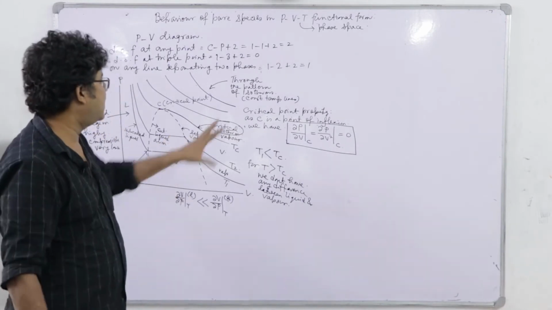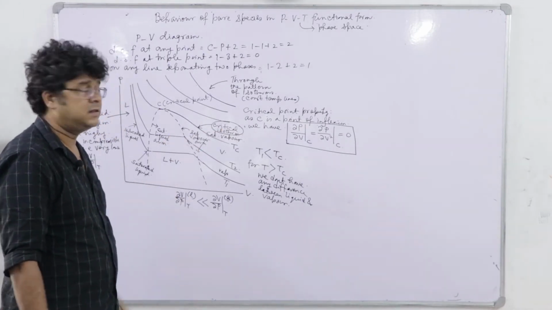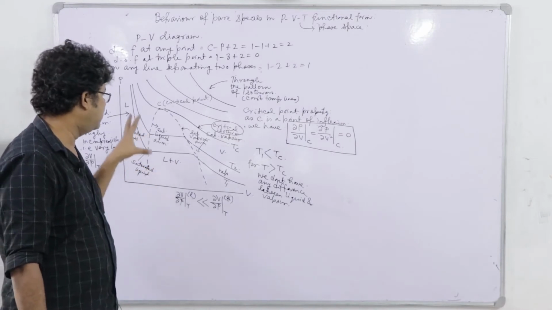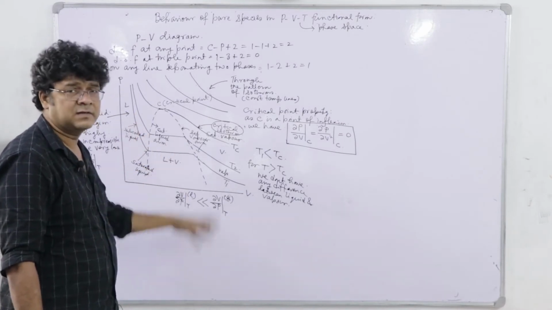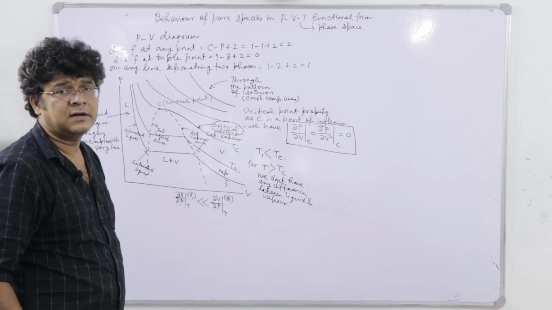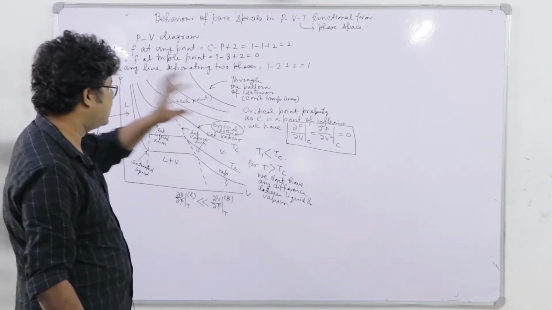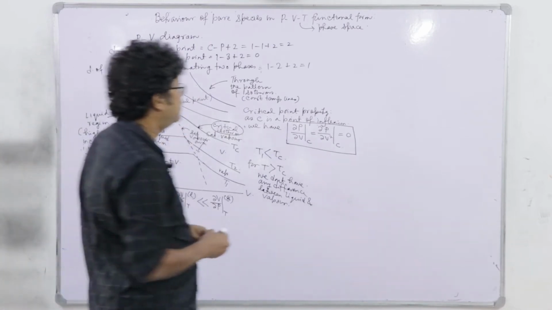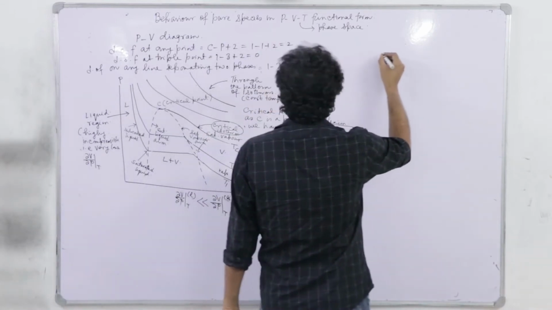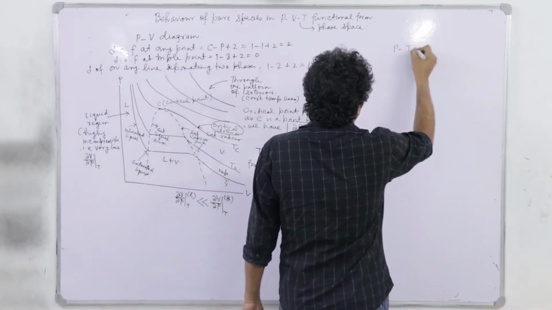So, next more elaborately, though we have discussed it when we discussed phase change and the Clausius-Clapeyron and Clapeyron equation, there we have discussed this PT, but again we will elaborate the idea. So, PT diagram.